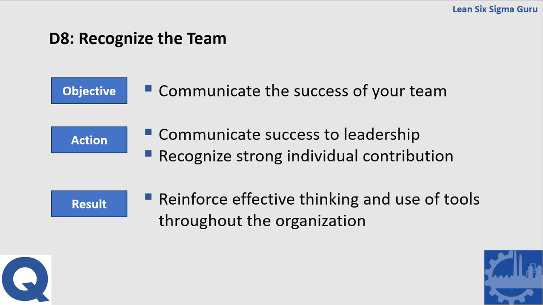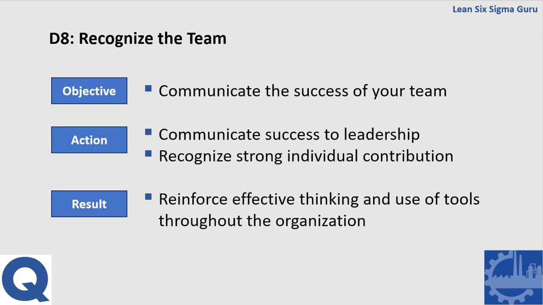D8 is always neglected. It's recognize the team. Often we're not sure what to do with D8 and to recognize the team, but it's really quite simple. We want to communicate the success of the team in the organization. We want to communicate that success to leadership because leadership must be aware of the good things that we do in the factory, of the successes that we have.